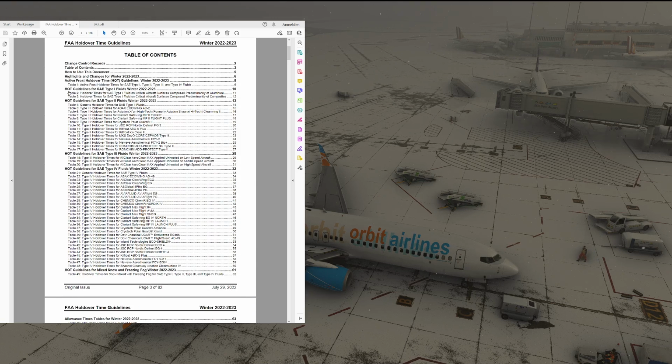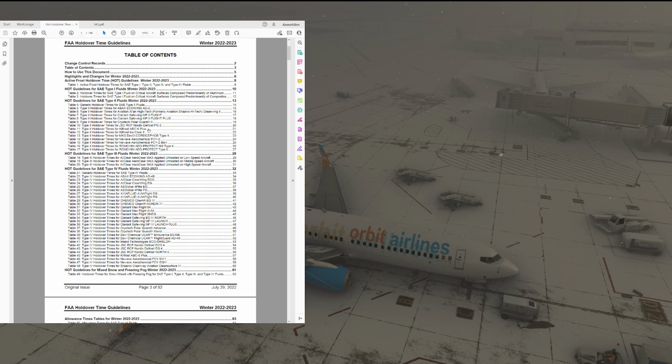We have holdover time guidelines for the different fluids available over here, and in real life you would be using the holdover time table for the particular fluid that has been used. So for example, in my company's operation, we are usually using the Clariant SafeWing MP2 or Kilfrost ABC-K+.